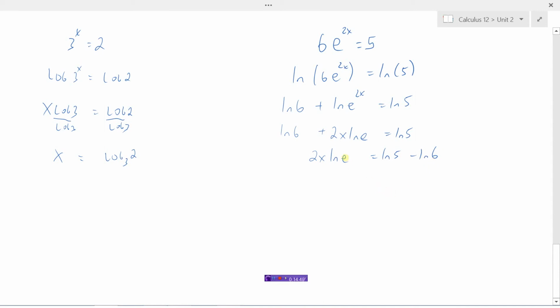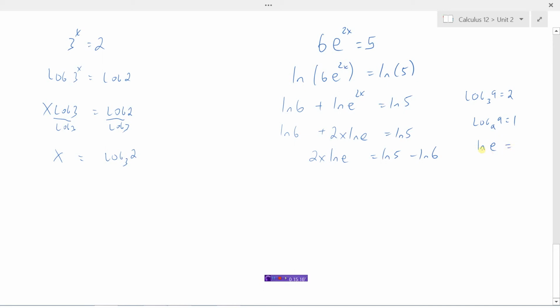And now here I've got ln e. Well, you remember this. If I asked you, what's log base 3 of 9? You'd be saying, well, what's the exponent on 3 that gives you 9? That's 2. And if I said, okay, what's log base 9 of 9? You should tell me that's 1, because the exponent on 9 needs to be a 1 in order to produce 9. So if I say, what's ln e equal to?